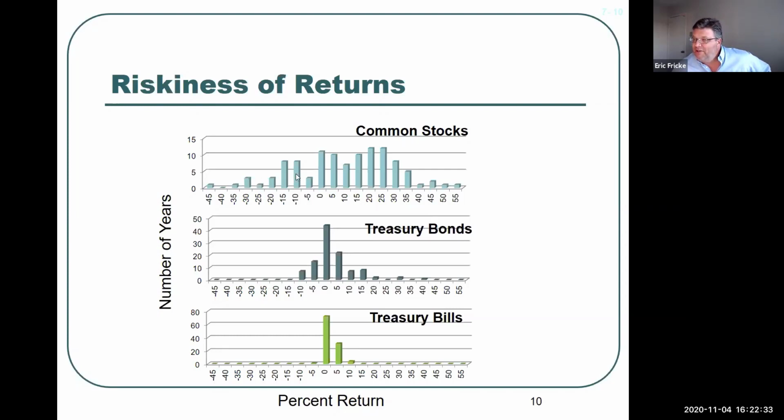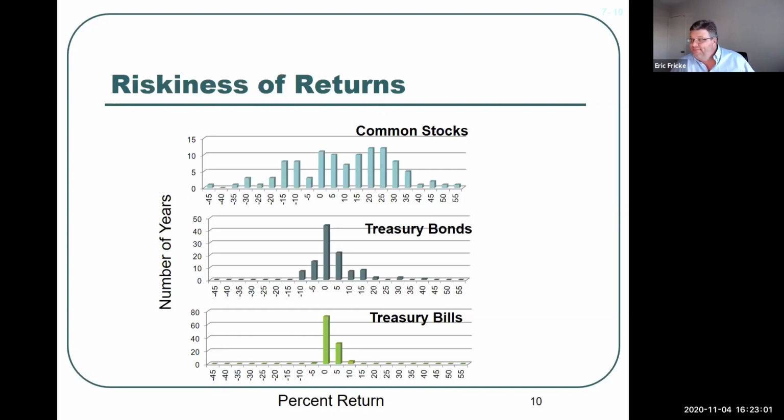And so the higher the bar here, the more number of years that had that stock return in that range. And so you can see the most common returns were like 0% and then 20 and 25%. But it's a really big range, right? It goes from minus 45 up to 55.